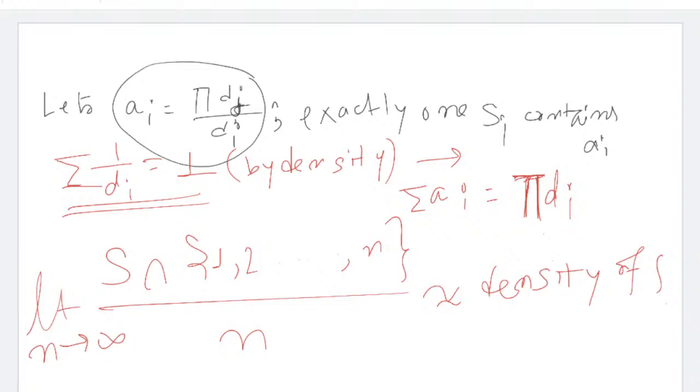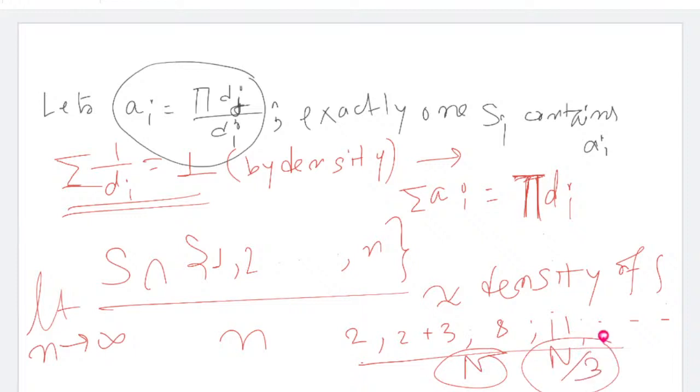For example, if you have an arithmetic progression like 2, 5, 8, 11 and so on, then on average, if you take a very large sample space, for a very large integer n, it is going to cover approximately n by 3 of the numbers in that range.